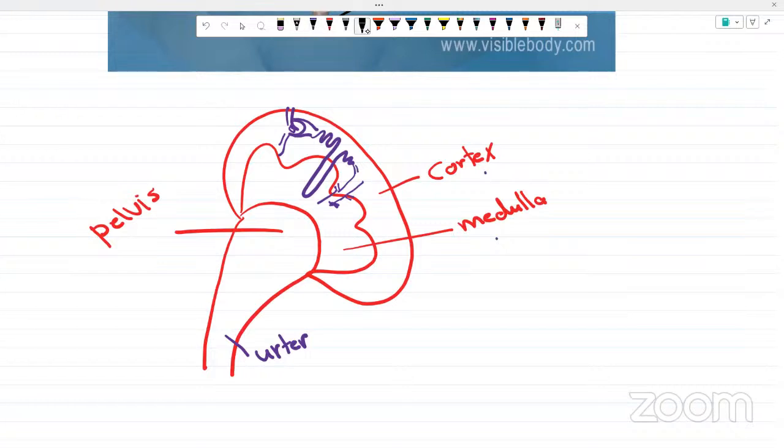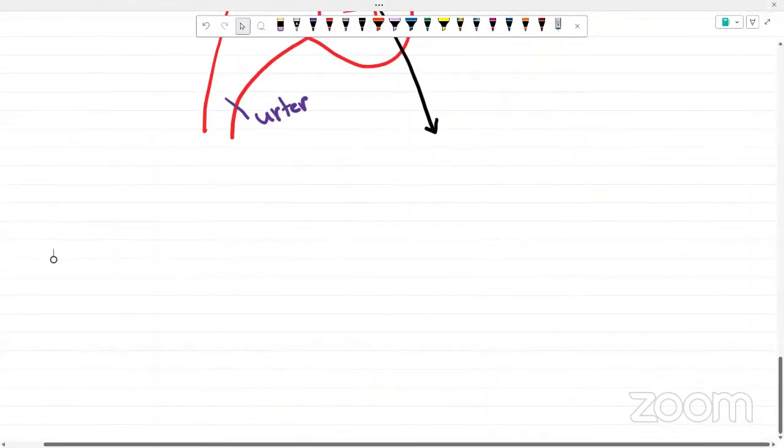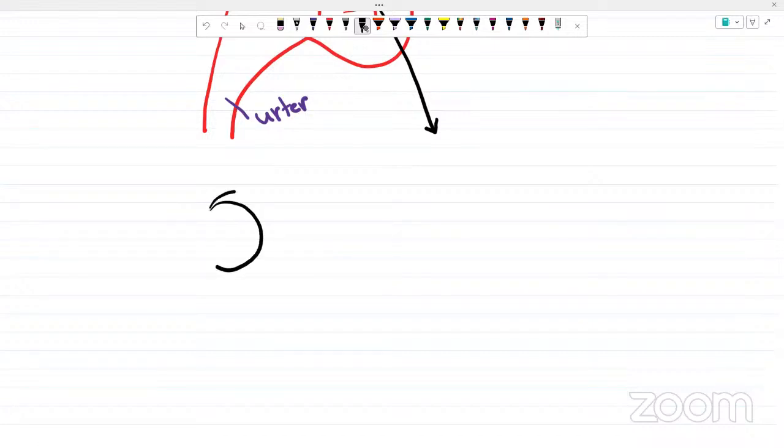Let me take that nephron and enlarge it here. The nephron has a structure called the glomerulus and Bowman capsule.